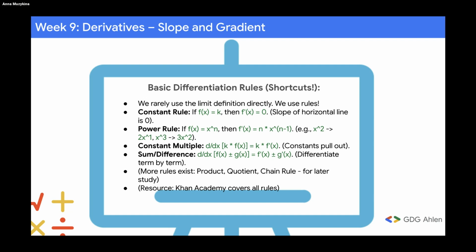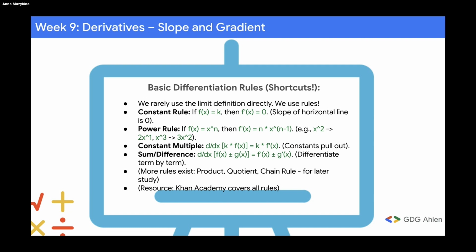For example, the derivative of x squared is 2 times x to the power 1, which is just 2 times x. The derivative of x cubed is 3 times x squared.